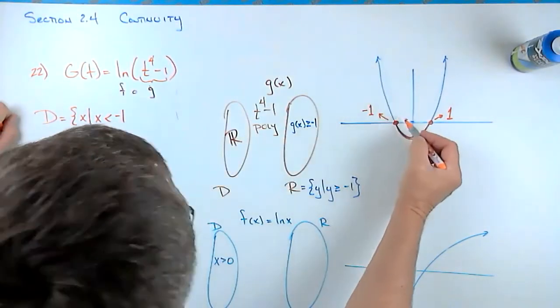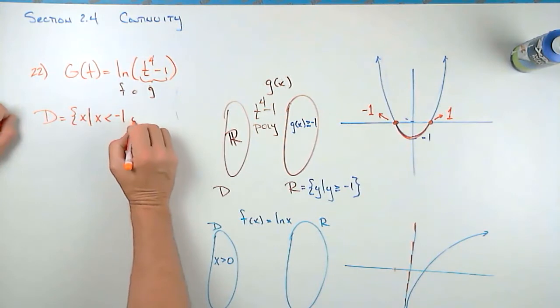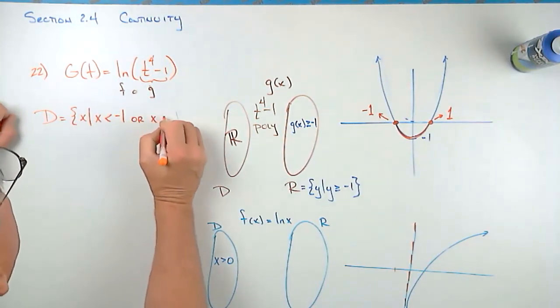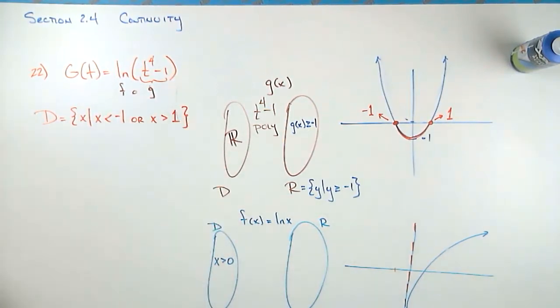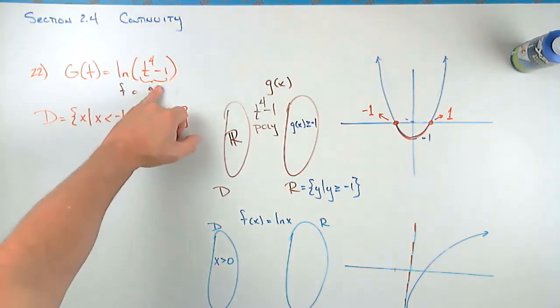These over here are good, they work. Or x is greater than positive 1. And now our theorem 9 says this function is going to be continuous. It's going to be continuous because the polynomial is continuous everywhere.